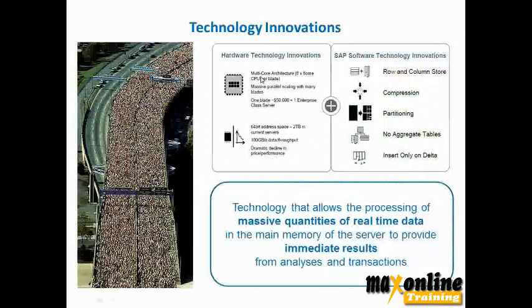So this is hardware technology, multi-core architecture, massive parallel scaling. And when they came up with this concept of row plus column store, the compression rate is 100 times more compared to the legacy database. That means the size of the data will be 100 times less.